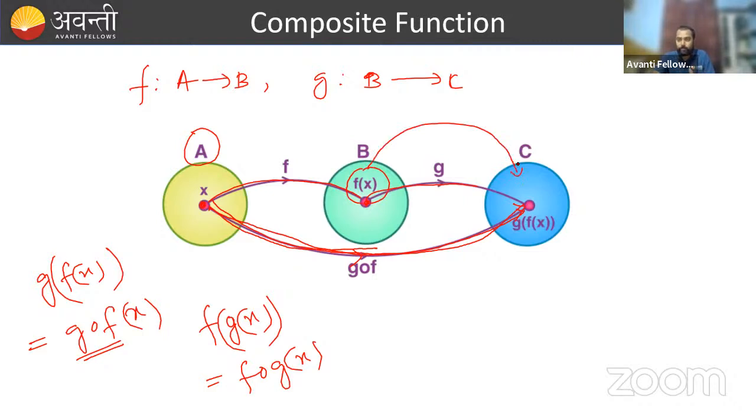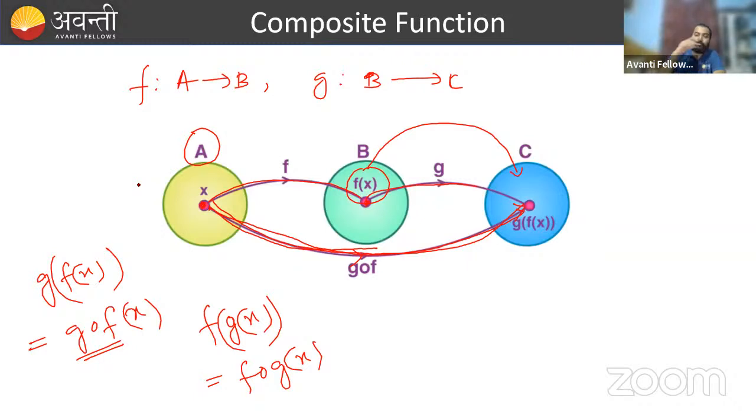So when some element or number does not belong to the domain of the function f of x, then it will not belong to the domain of g of f of x also. Is that clear, everyone?